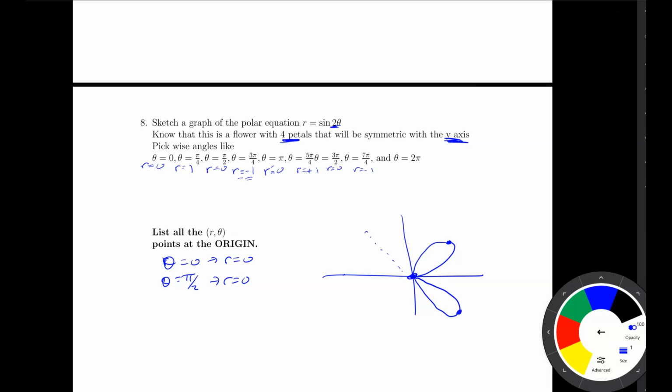So 5 pi over 4 is over here, going out a distance of 1, back to 0. Angle 7 pi over 4 would be down here, out a distance of 1. So there are my 4 petals. I got an angle of pi giving me r equals 0, and an angle of 3 pi over 2 giving me r equals 0.